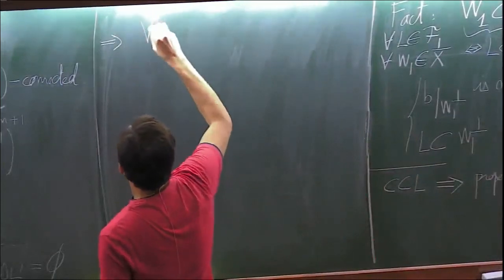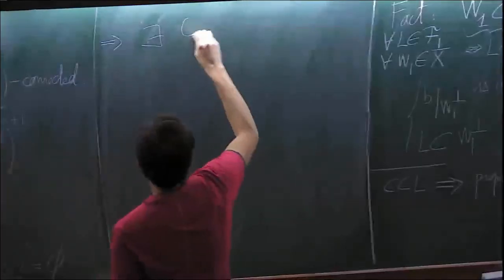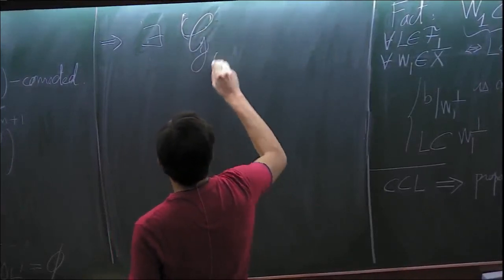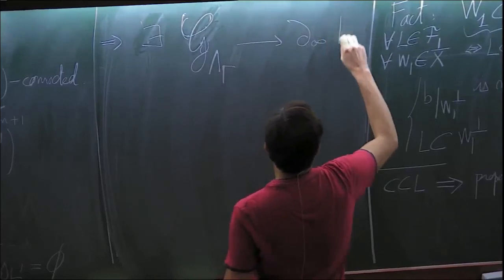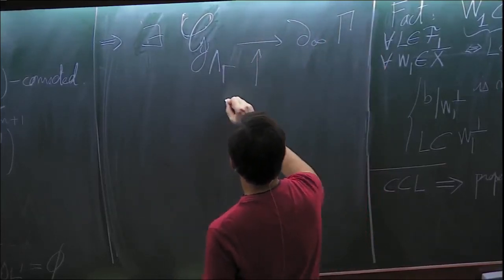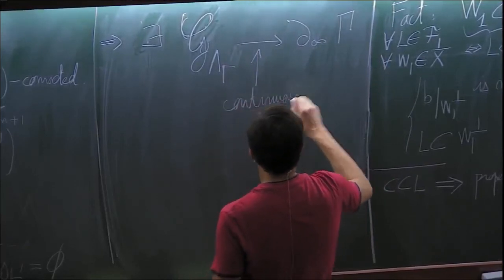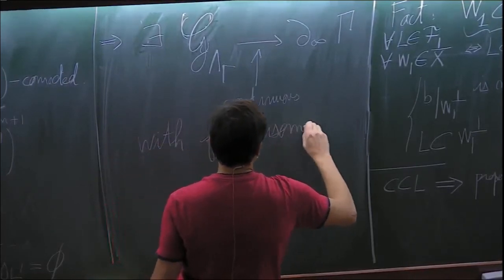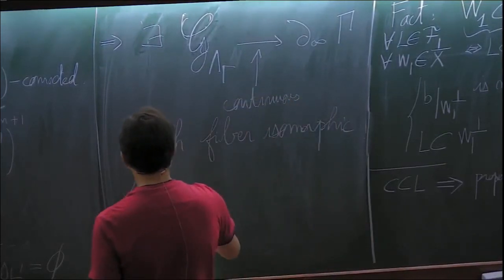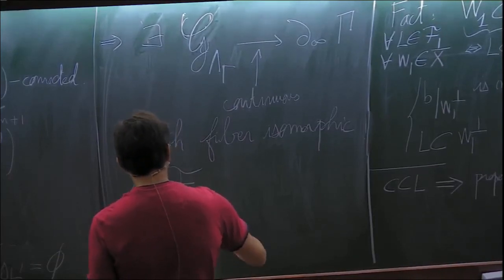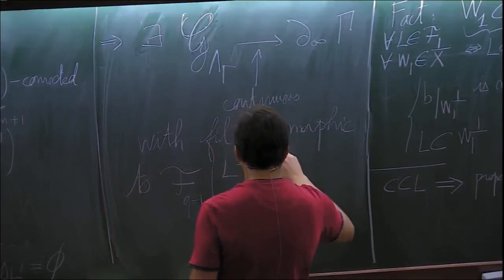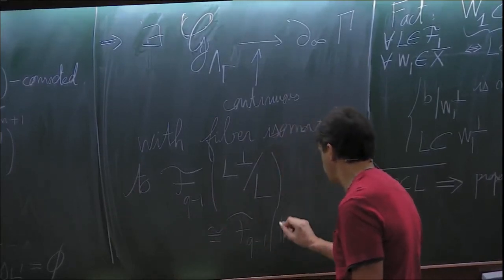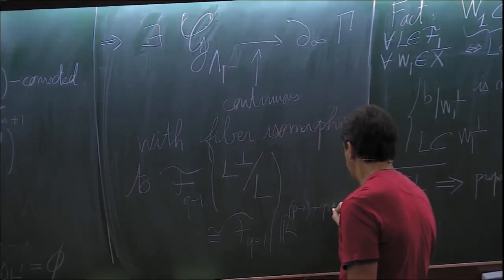So it means that there exists a map from g lambda gamma to the boundary at infinity of the group that is continuous and with fiber isomorphic to the set of (q minus 1)-planes in R to the (p minus 1 plus q minus 1).